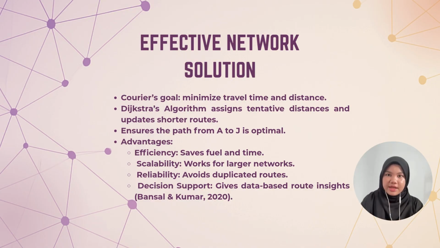So to achieve that, I applied Dijkstra's algorithm to compute the shortest possible route from point A to point J. This algorithm works by assigning a tentative distance to each vertex and updating it whenever a shorter route is discovered. So through this process, the system always identifies the most optimal path available.